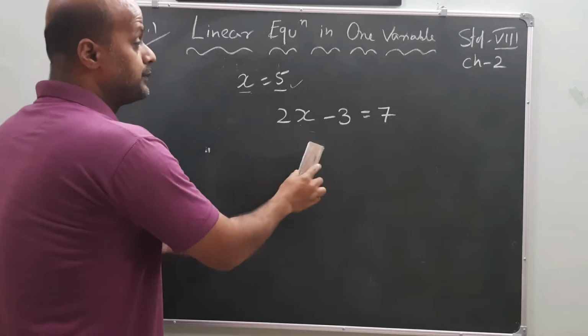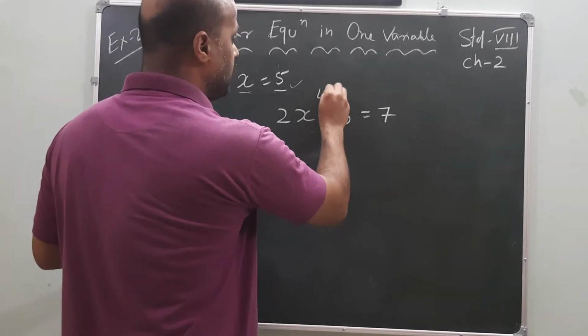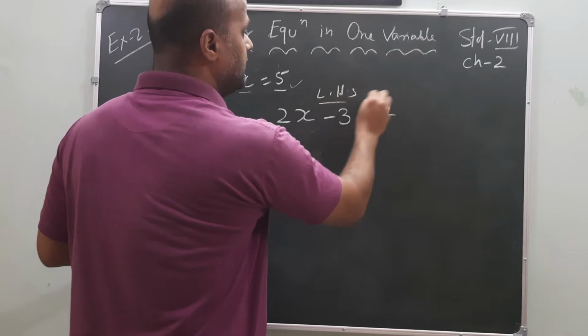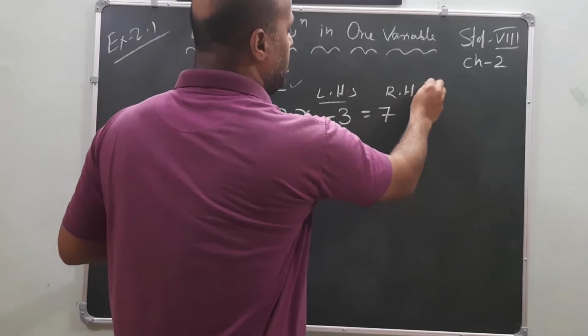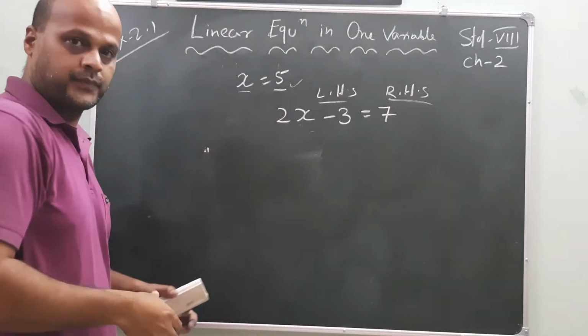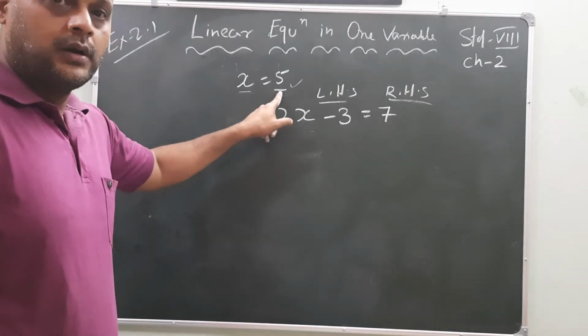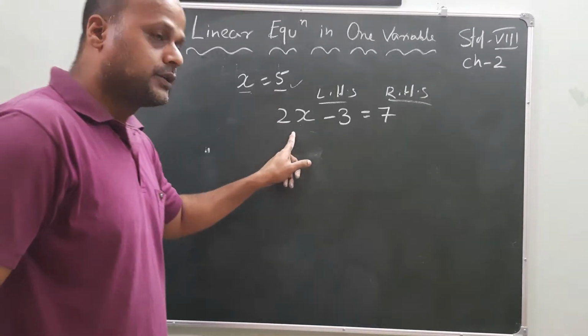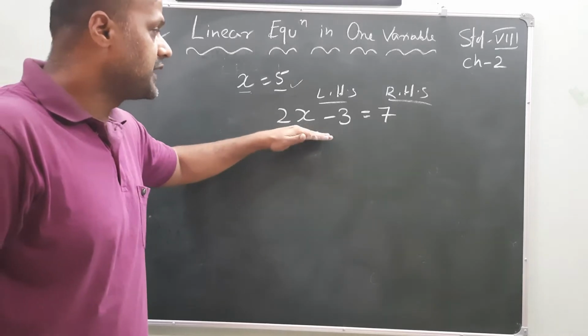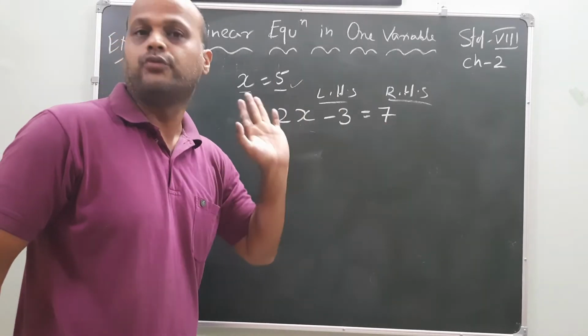We will first separate into LHS and RHS. If I put this value of x in this equation, then we have to check whether left side becomes equal to right side or not.